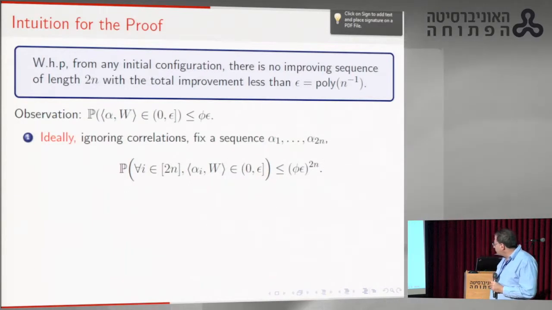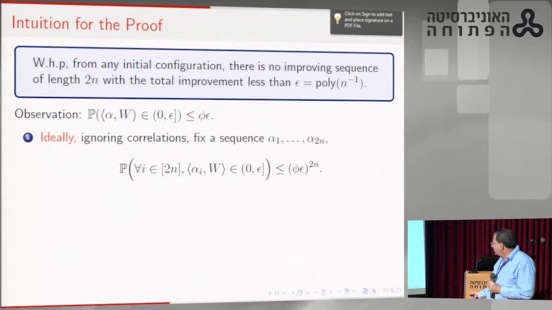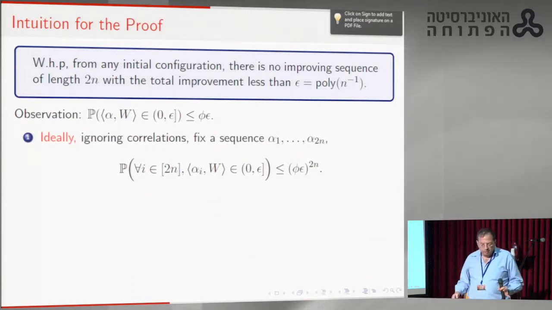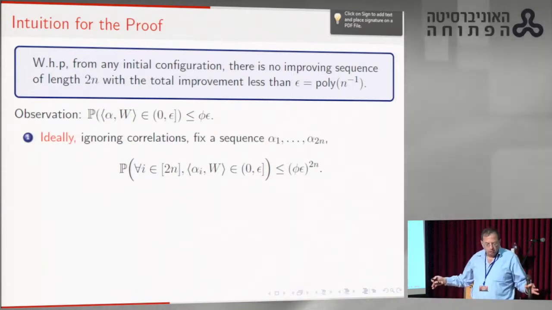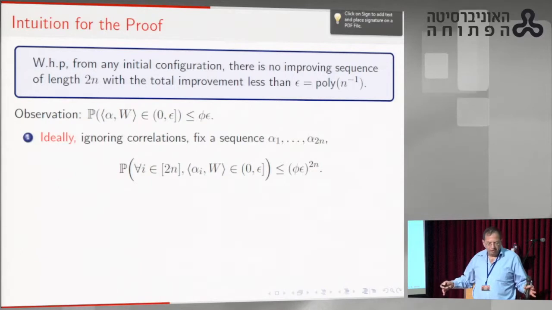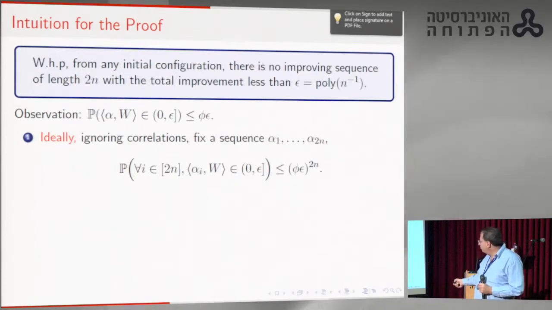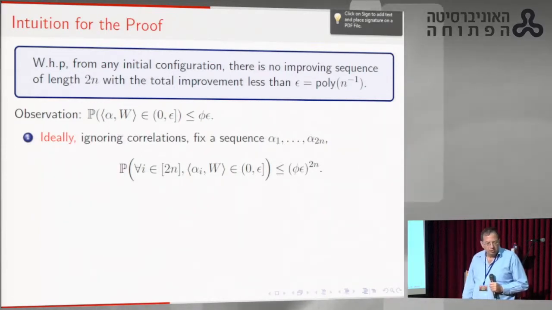So the first observation, which is very easy: fix this particular non-zero vector alpha of -1, 0, and 1. So just a deterministic vector, and ask what's the chance that for this particular alpha, multiplied by our random weights, this will land in the problematic interval 0 epsilon.